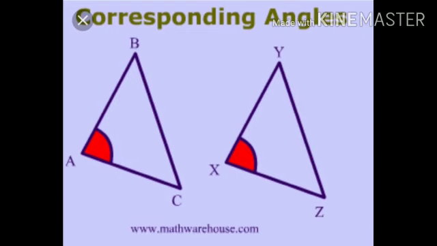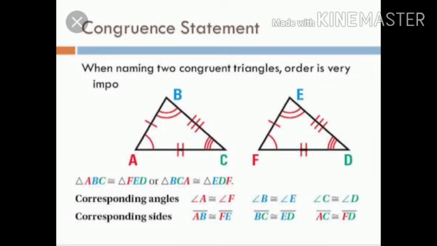Okay. Next I am going to explain how to name any two congruent triangles. Here listen, order is very important. Look at the figure. We have two triangles ABC as well as DEF. Okay. First you have to write what are their corresponding sides as well as angles. Look at the figure.